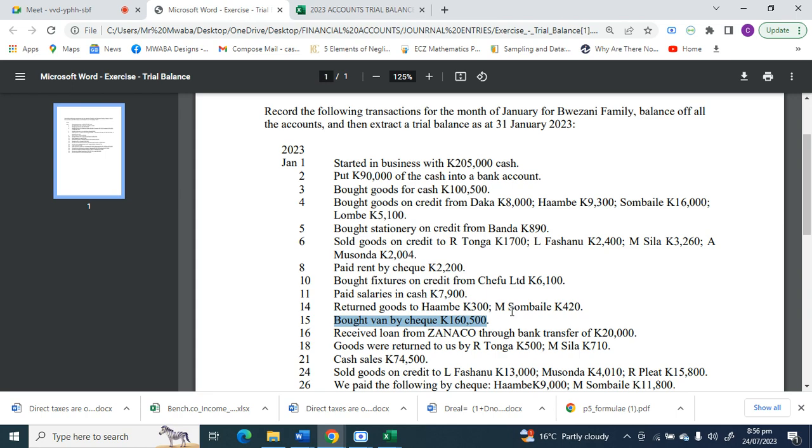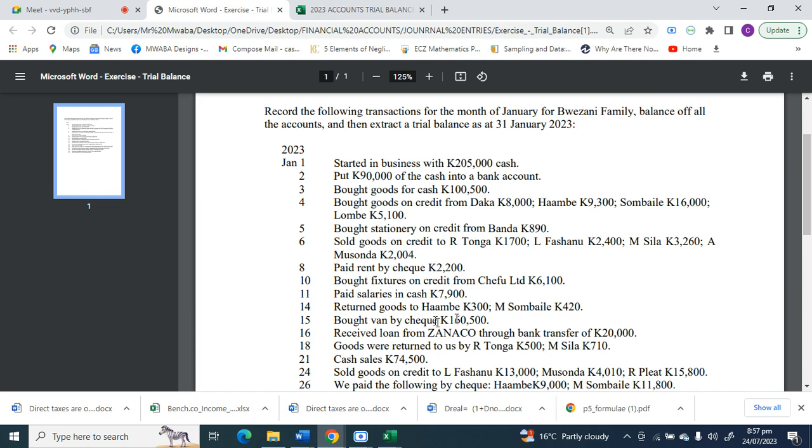Yes, it is an expense. But please do not debit the purchases. You have acquired a van, which is an asset, increase in an asset, you debit the van account.